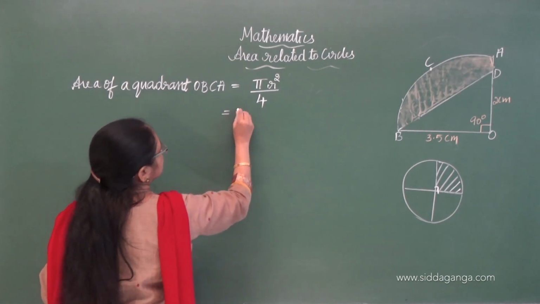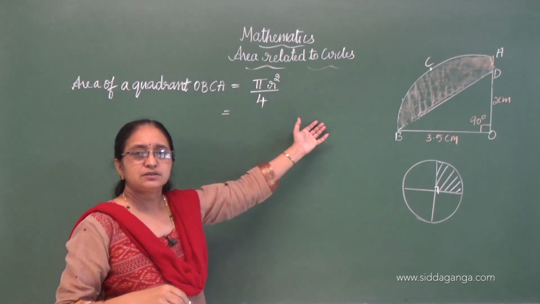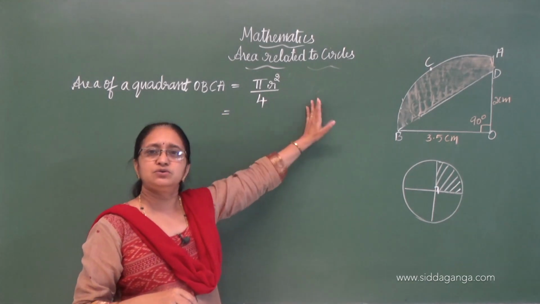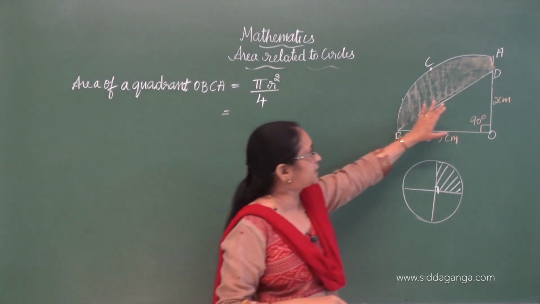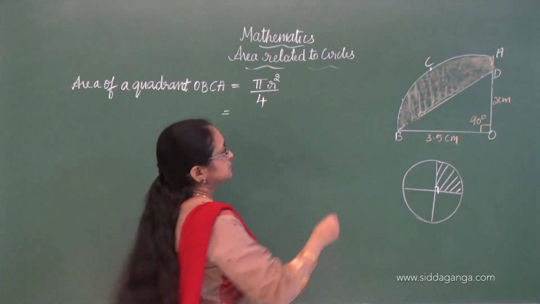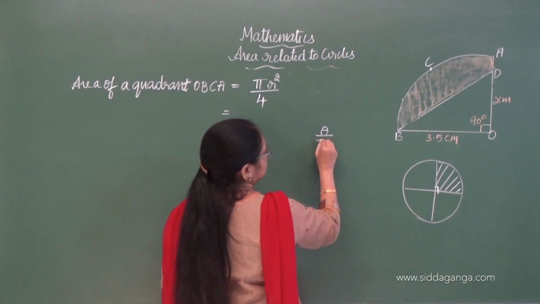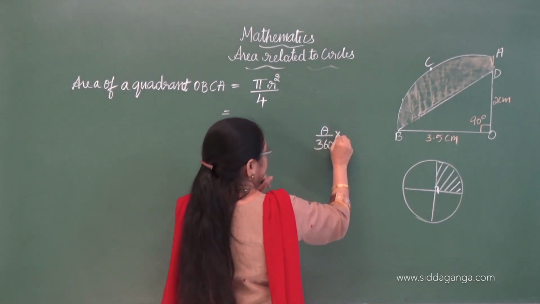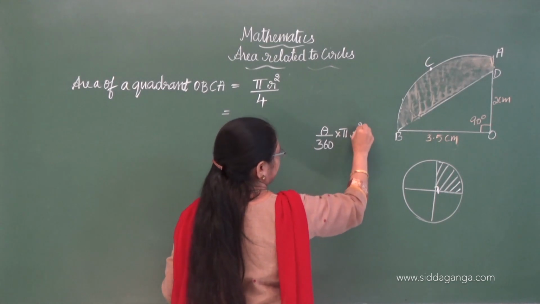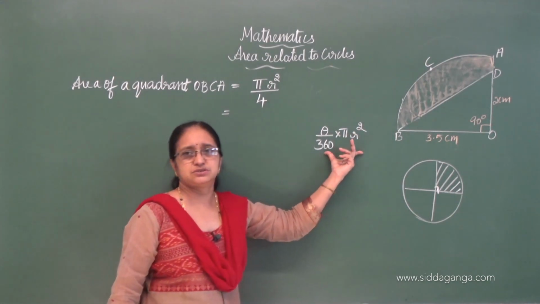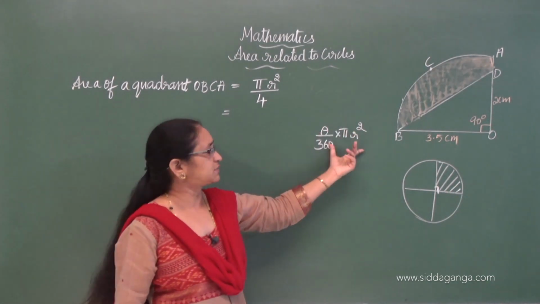Okay, you can do it by using the area of the sector formula, that is 90 by 360 into pi r square, where r you know is 3.5. That is one method.